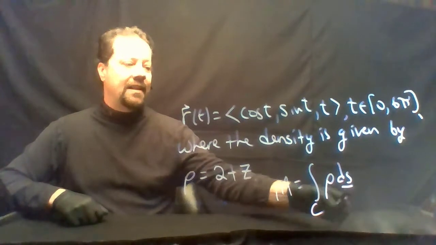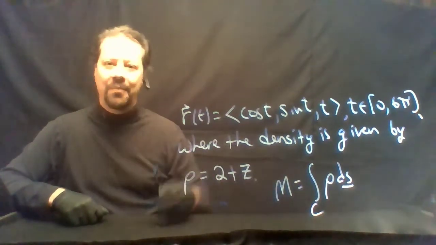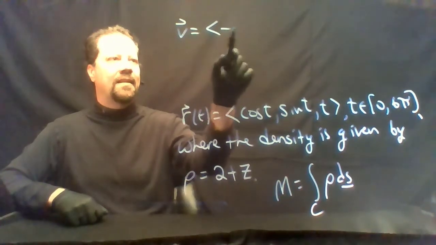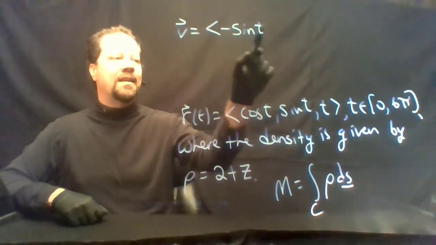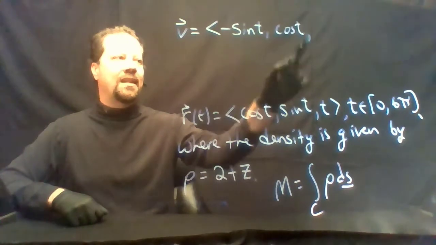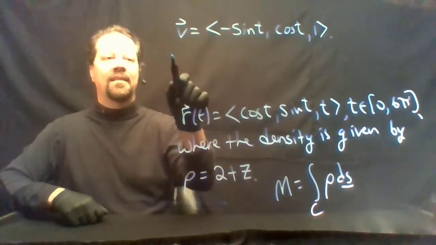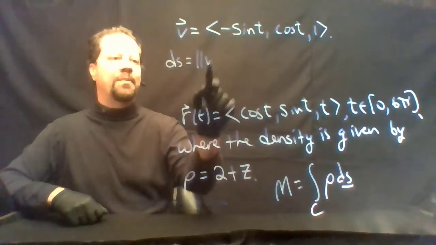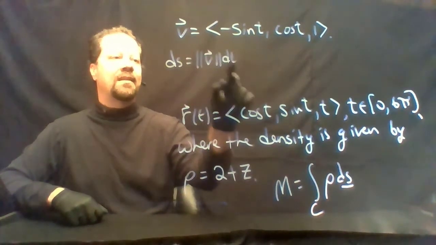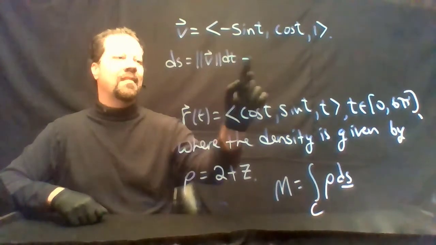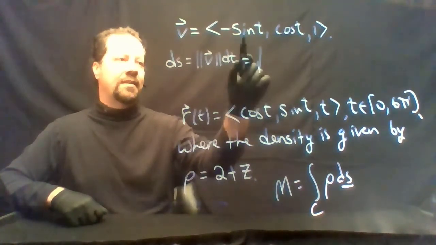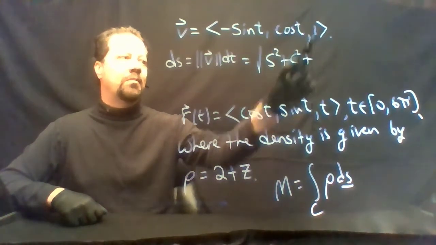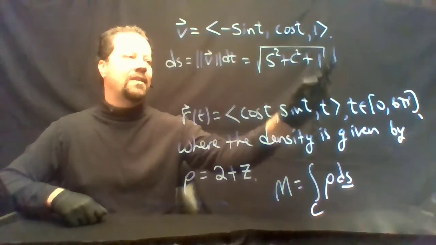In order to find the element of arc length, we need first to find the velocity vector. That's going to be minus sine t, cosine t, 1. The speed then, the element of arc length, will be the norm of the velocity times the element in t. That's going to be the square root of sine squared plus cosine squared plus 1, all times dt.